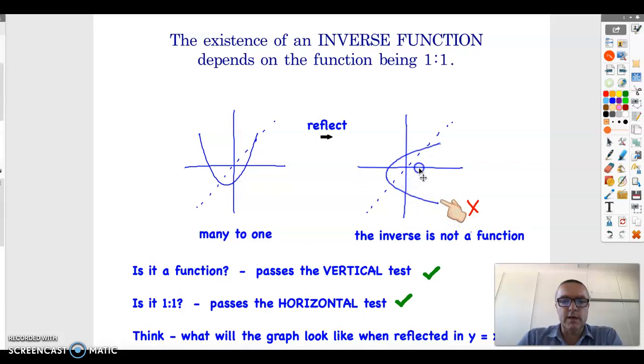The inverse is a relation, but according to the definition of function, it's not a function. So there are 2 questions there. Is the original function actually a function? If so, it passes the vertical test. And is that function a one-to-one function? One value of y to every value of x and vice versa. It passes the horizontal line test.